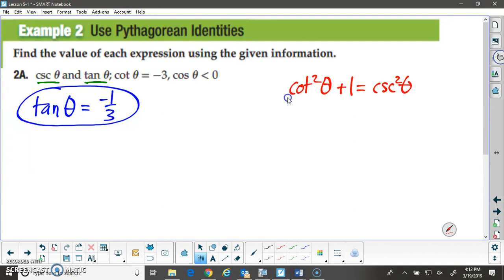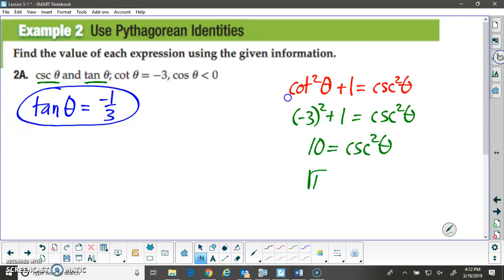And so if we put in that cotangent value, we should be able to find the cosecant value pretty easily. This gives us 10 for cosecant squared, so the square root of 10 is your cosecant value. So just using these identities and substituting in values.